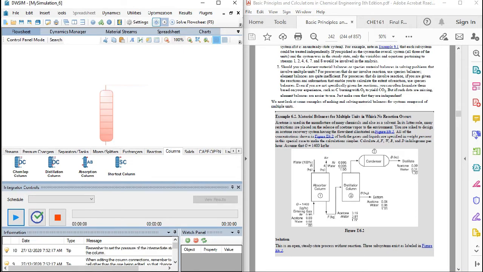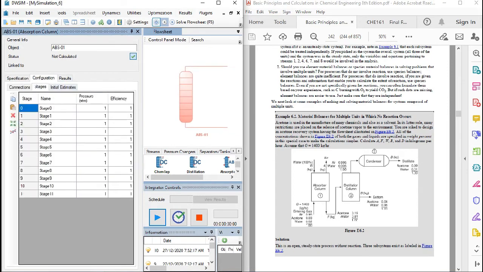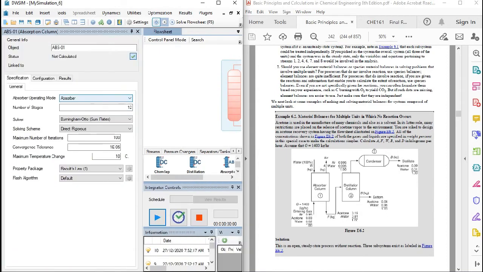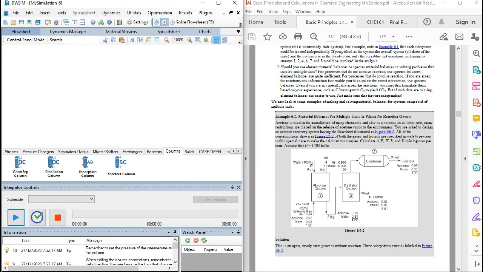However, if we choose the absorption column and we open it, it's complicated, and what is given in our problem is very little compared to the details we'd need to configure it. That's why it is not applicable to choose. We are only given a simple problem, so we will not be needing the absorption column. So we will be deleting this one.